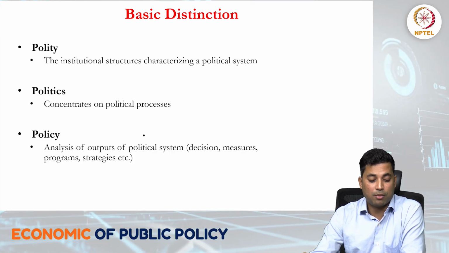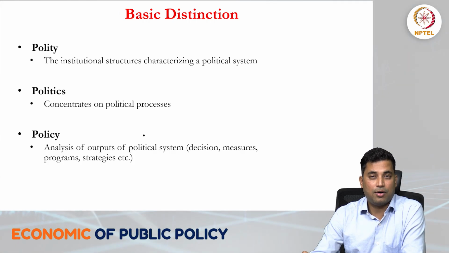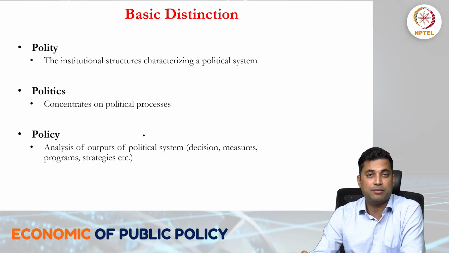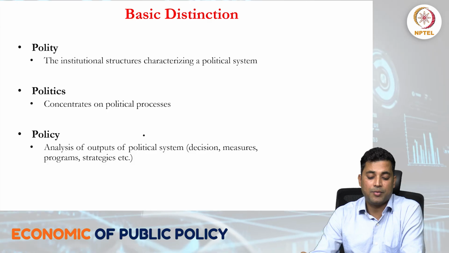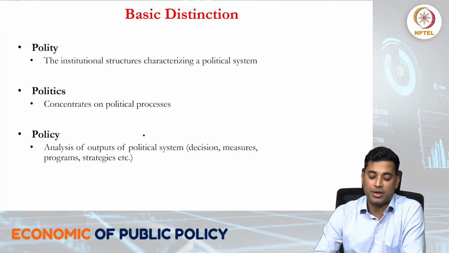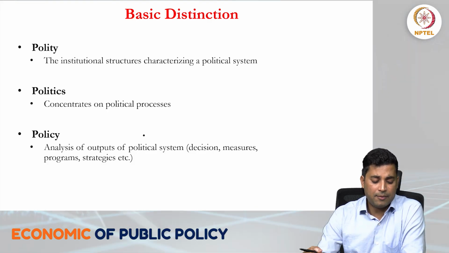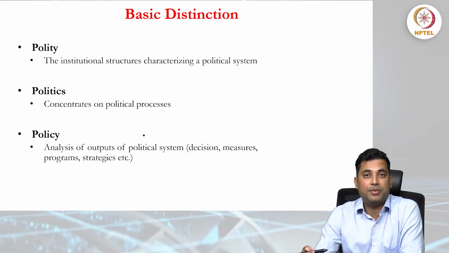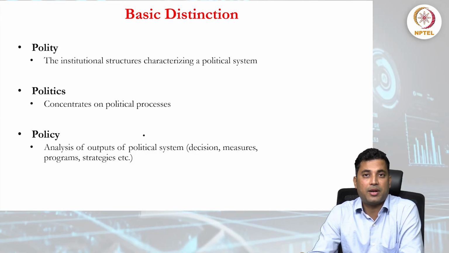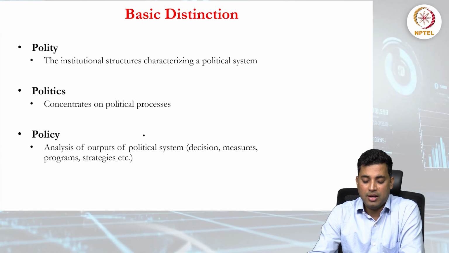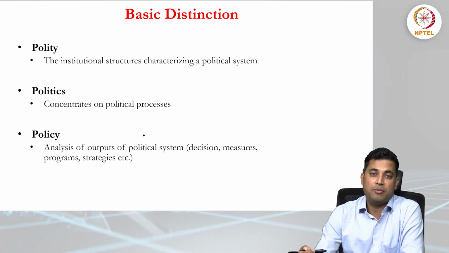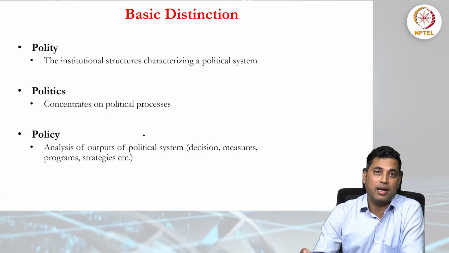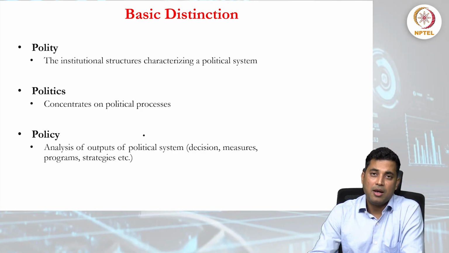So when we talk about policy, of course we are talking about politics and polity, because it deals with the process, and process within broad political systems. The outcomes are in terms of decisions, measures, programs, and strategies of the government. Decision means the decision-making process in taking any of the public policy measures.